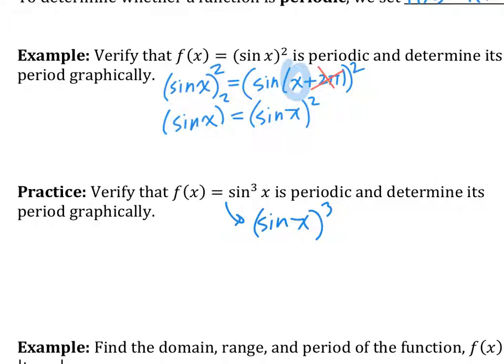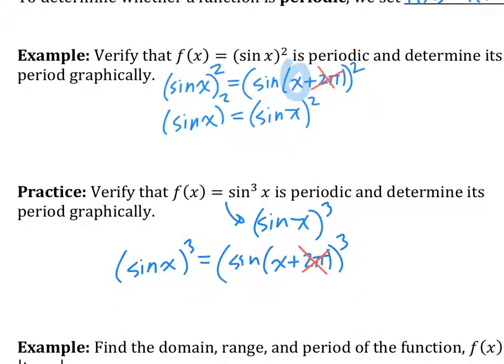So this is sine x cubed equals sine of x plus 2 pi, cubed. And it's kind of the same logic as before. This 2 pi just goes away. It really doesn't matter. It's a very boring proof, I guess. So sine x cubed is equal to sine x cubed.